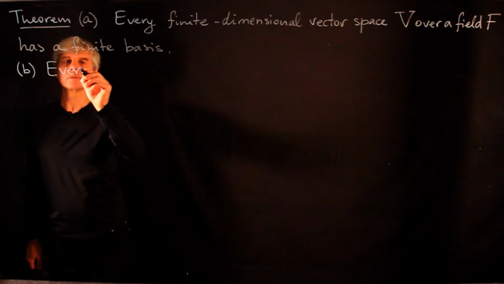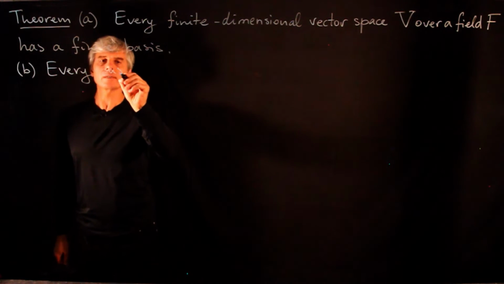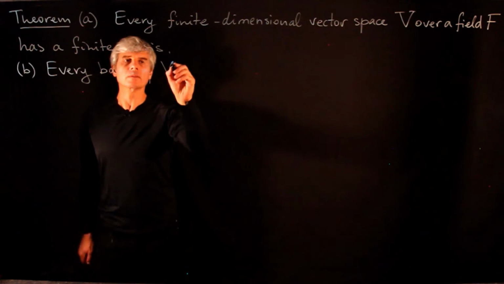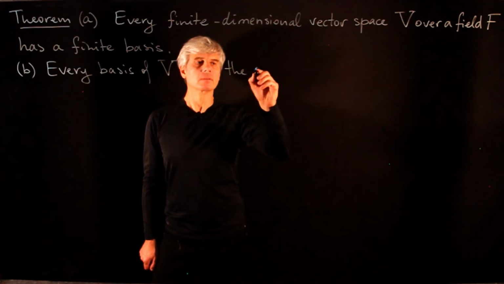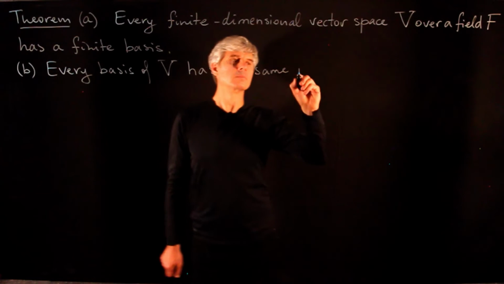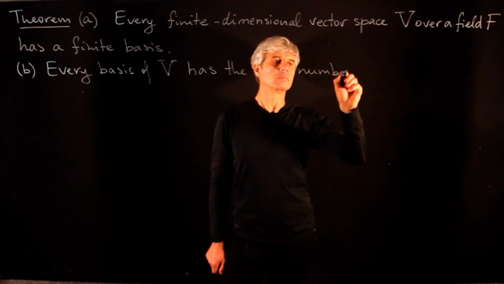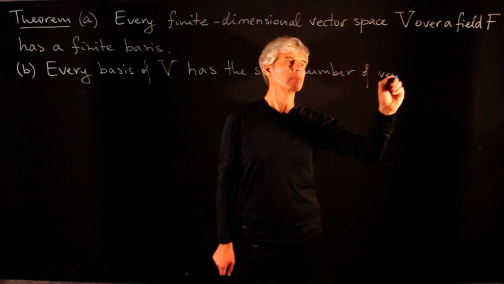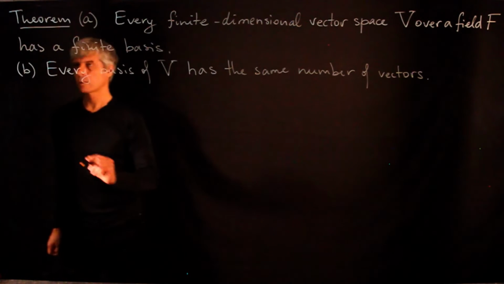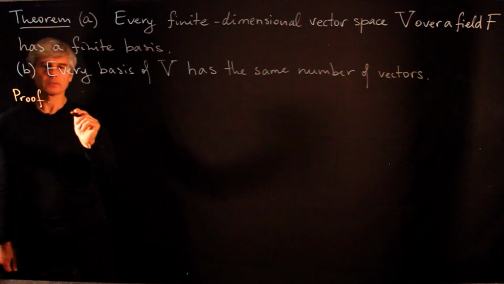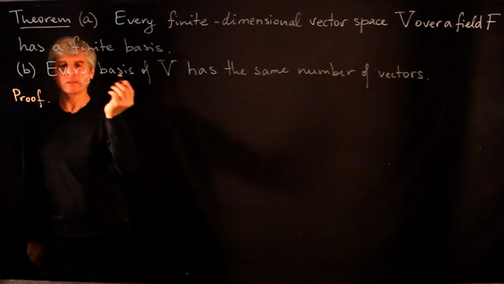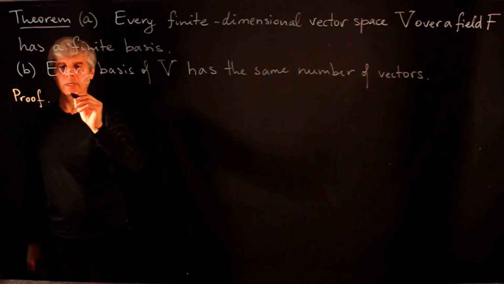Every basis of V has the same number of vectors. So for proof, let us take two different bases.